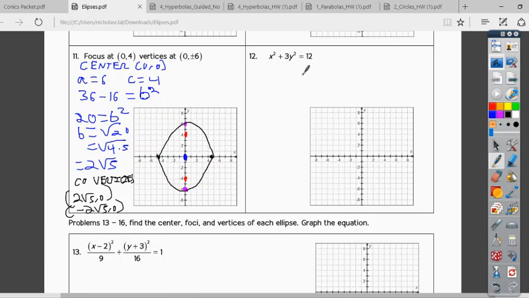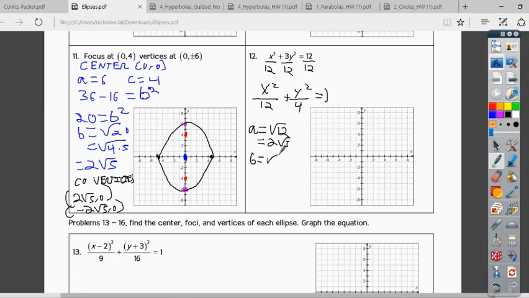Okay, that's 11, 12. First we need to divide each side by 12. So we will have x squared over 12 plus y squared over 4 is equal to 1. So a is equal to the square root of 12, which is equal to 2 root 3.